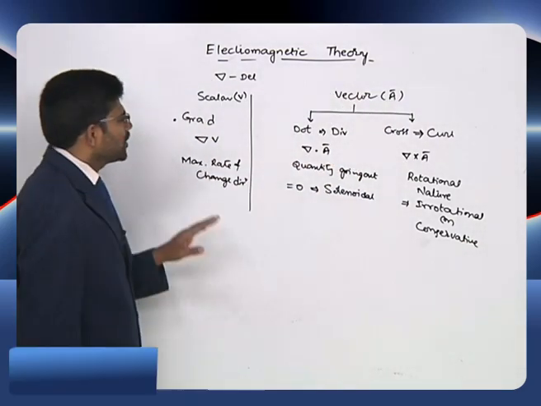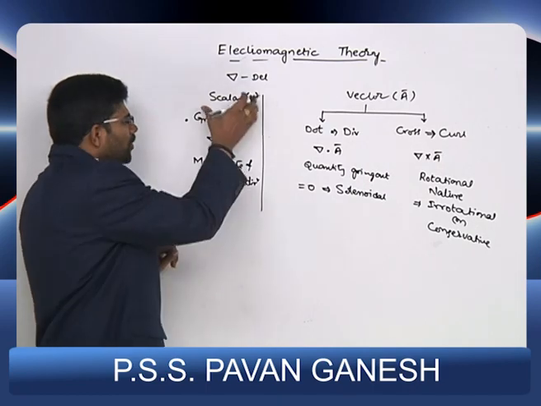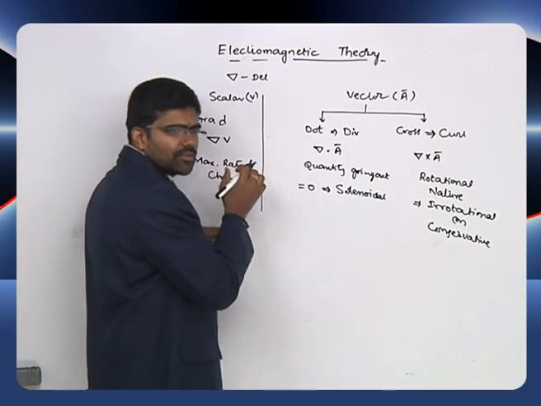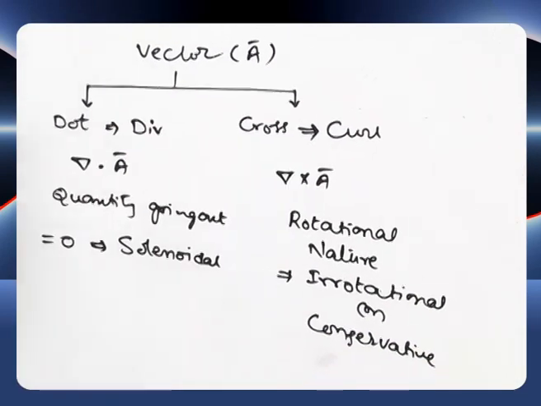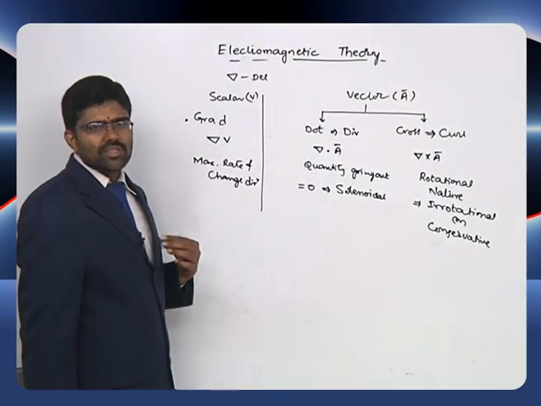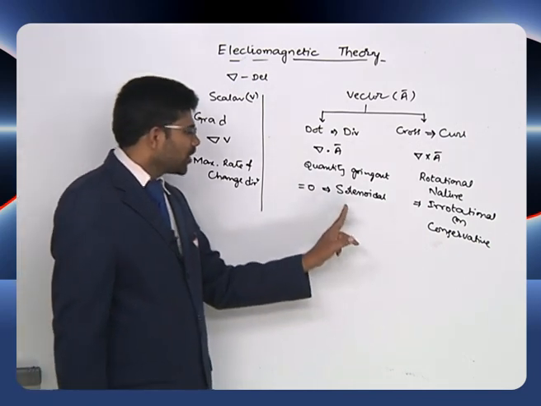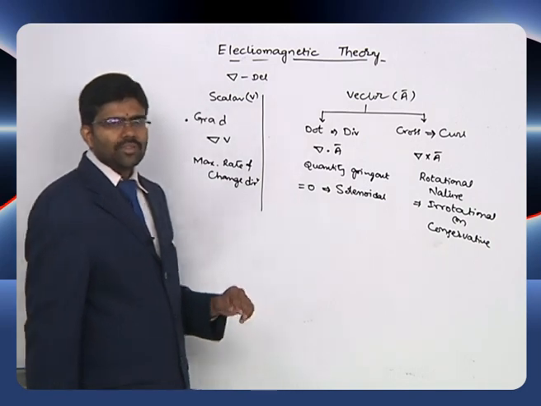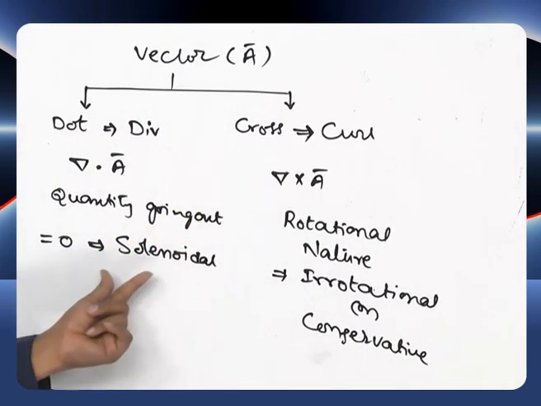Right? Like that, you just need to remember what our del operator is and how it can be applied on a scalar, what is the purpose of this one, how this can be applied on a vector in two different ways, and what is the purpose of this one. So if any function is given to us, and if the examiner asks to examine whether it is solenoidal, irrotational, or conservative, then you have to go for these operations. After doing the operations, we need to examine the answer.